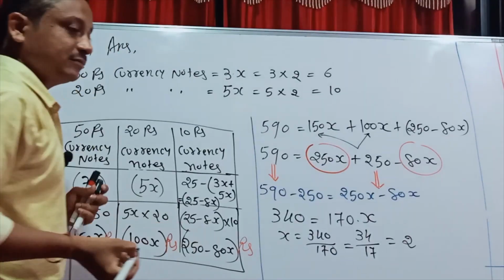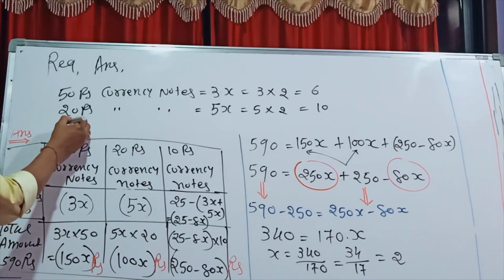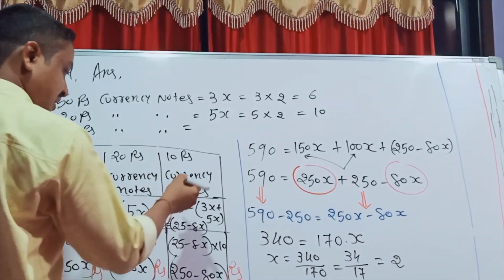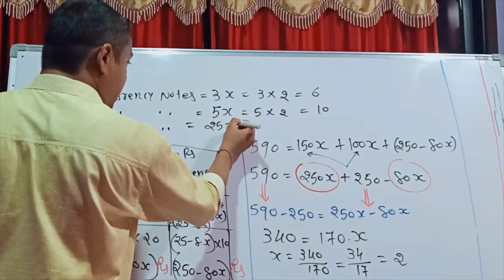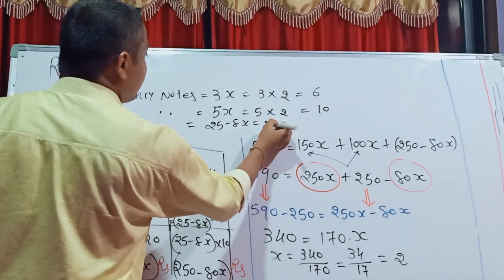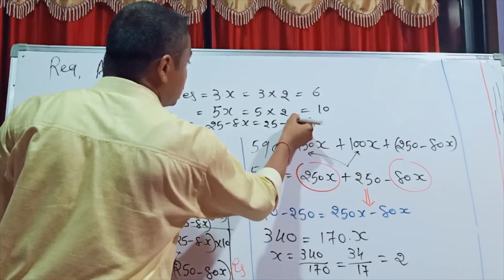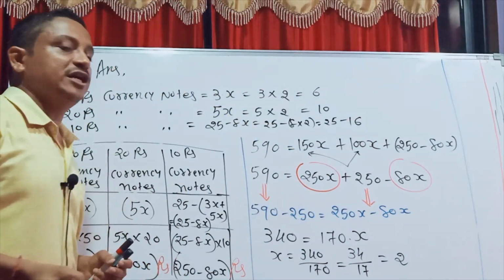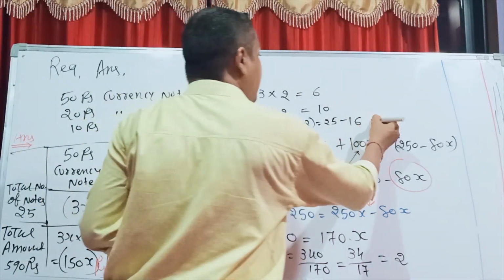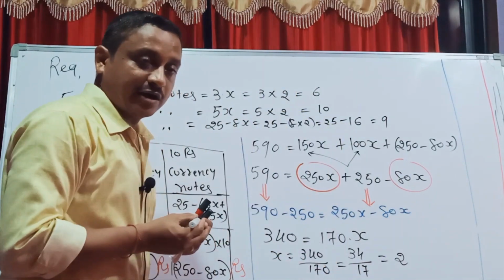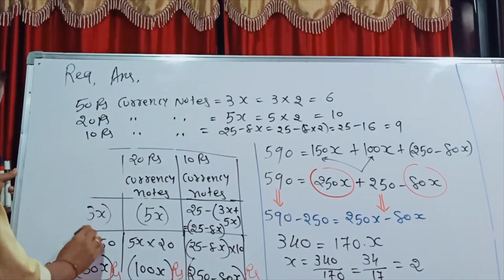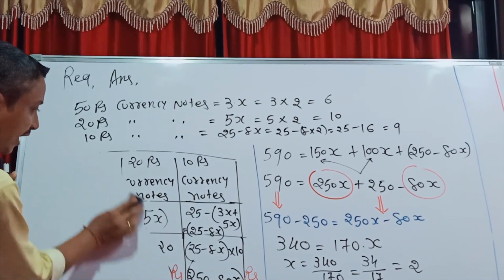It is 10. And the last, the 10 rupees currency notes, how much? It is 25 minus 8x. So 25 minus 8 into 2. So it is 25 minus 16. And how much is 25 minus 16? It is 9 notes.